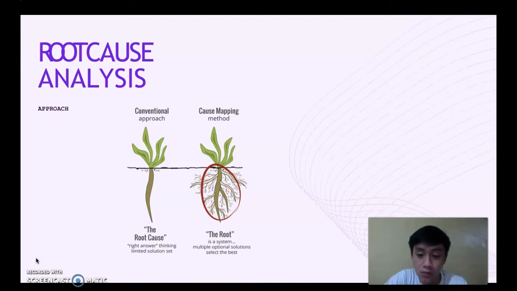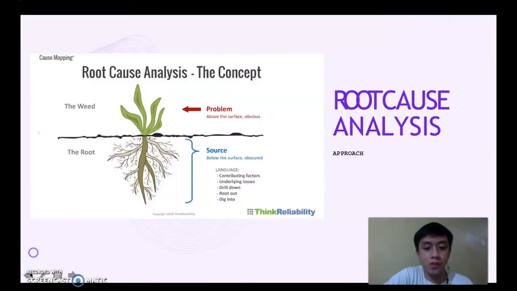This is because of its multiple optional solutions. Root cause analysis, the concept. As you can see in the picture, there are 2 parts of the root cause analysis, which are the wit and the root. The wit represents the problem that a certain organization is experiencing, and the root represents the source of the problem that is so important to investigate further.